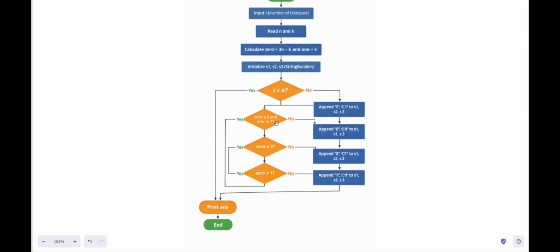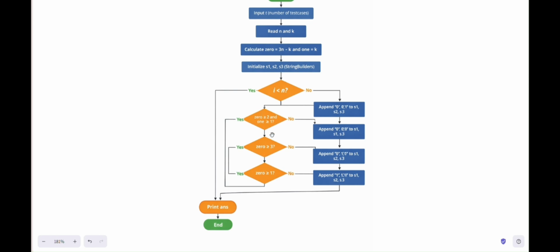If the number of zeros is greater than or equal to 2 and the number of ones is greater than or equal to 1, then we will append 0 in s1, 0 in s2, and 1 in s3. Our main aim is to push all the zeros of fa to the front, so that it is lexicographically minimum.